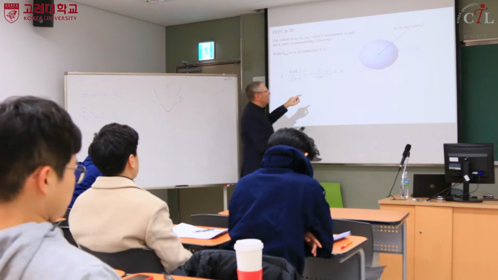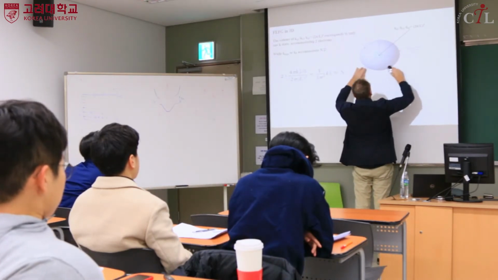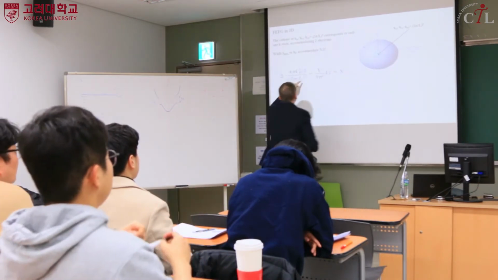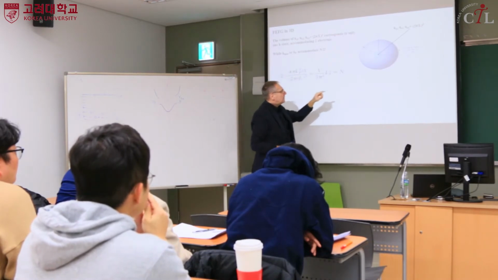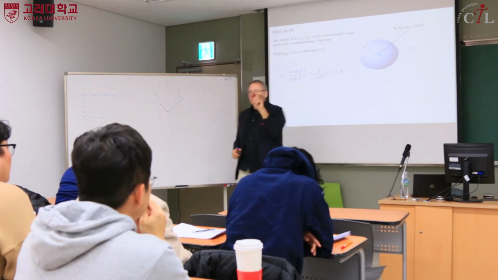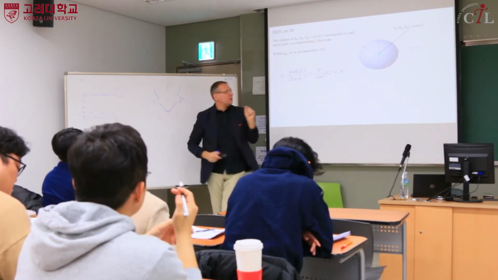Then this is the total volume in the K space that is available. So we have it here. And this is the volume in the K space for one orbital. It cannot be smaller. This we know.